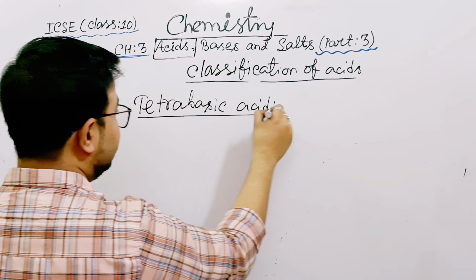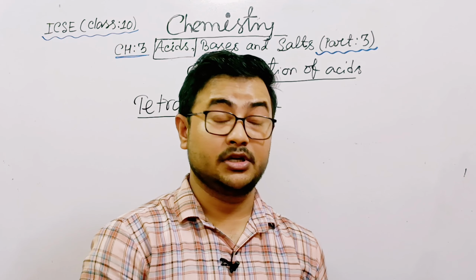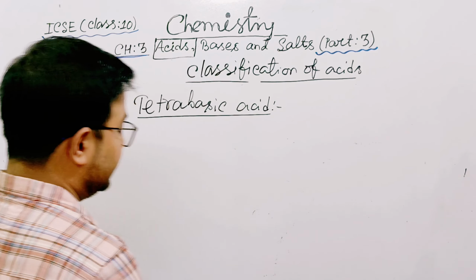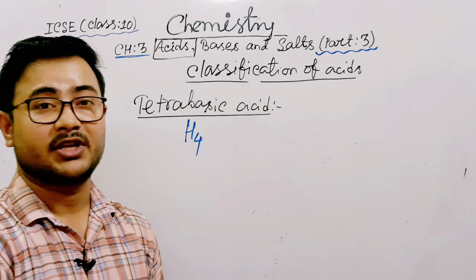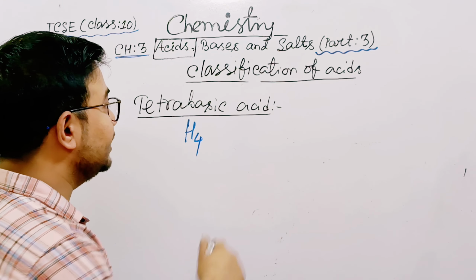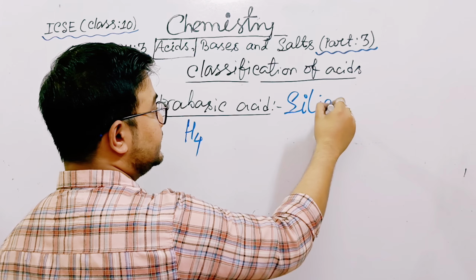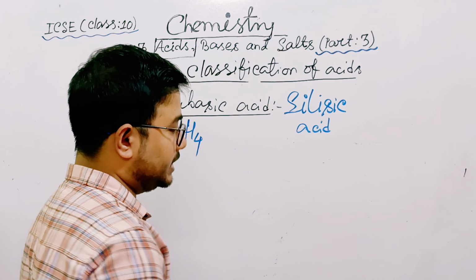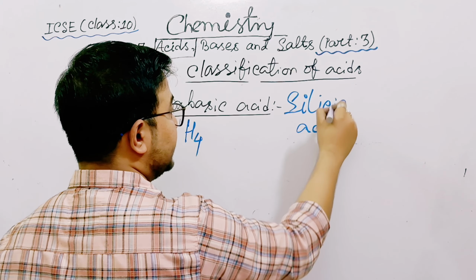So tell me, in tetrabasic acid how many hydrogen atoms will be there? Tetra means 4. So the example of tetrabasic acid is silicic acid.